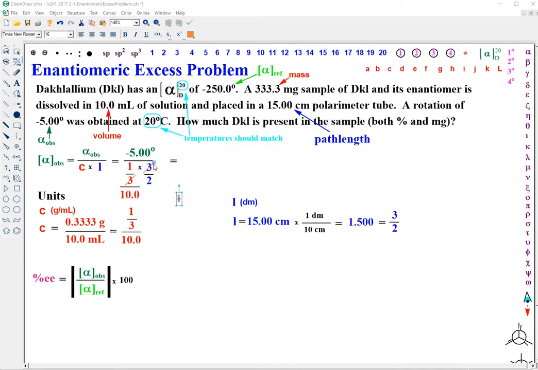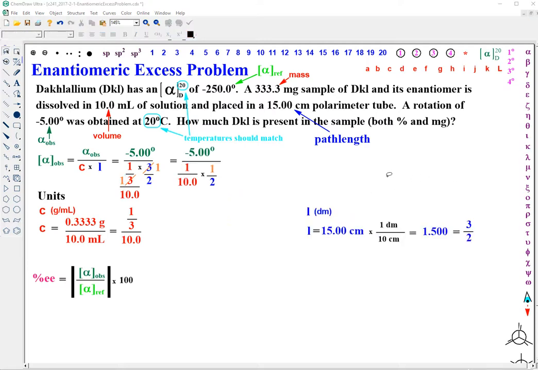The 3 here in the numerator cancels the 3 in the denominator, leaving a 1 over 1, which simplifies our equation to this. Negative 5 over 1/10 times 1/2, which simplifies further to this. Negative 5 divided by 1/20. 1 over 20 in the denominator becomes 20 over 1 in the numerator. Negative 5 times 20 is negative 100.